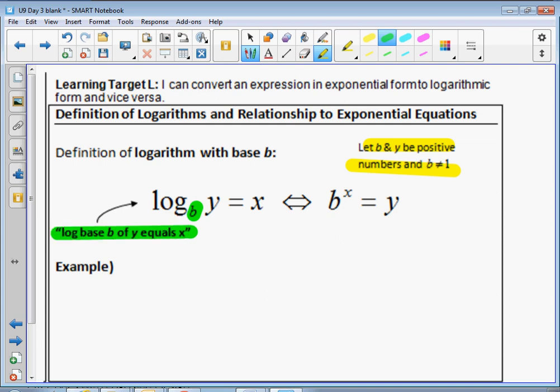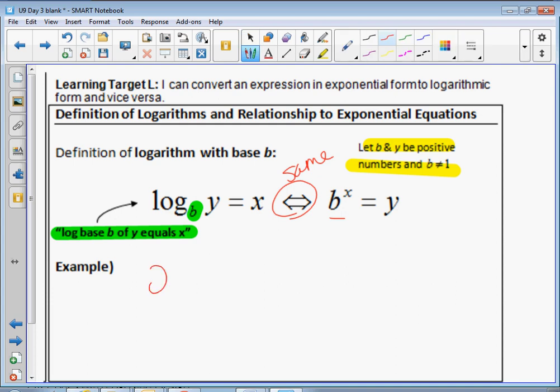So how we read it there. Log base b of y equals x is the same thing as b to the x power equals y. So this means the same thing. Just 2 ways to write it. So we can convert back and forth between the logarithmic expression we see on the left and the exponential expression we see on the right, or the exponential form.